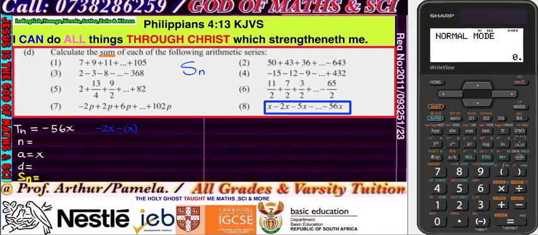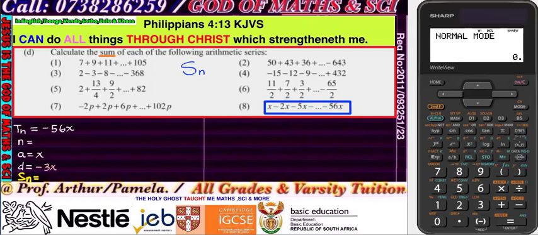But let's confirm it with the third term and the second, meaning negative 5x minus negative 2x. Well, this is going to be plus 2, so you end up with negative 3x. So that's good. The first common difference is negative 3x. Everything is in place for us. We are good. We are smiling.